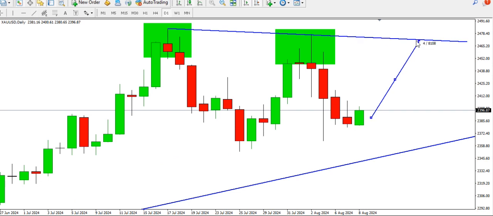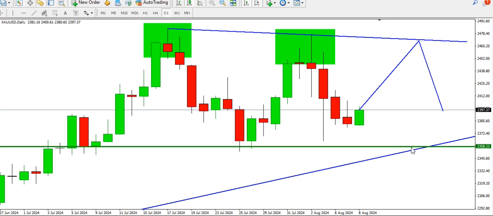So we might have another top like this before we see this, looking at this particular morning star candlestick pattern that is forming around here, and the support line, which is at 2358. That's the daily time frame. We might see price going back to the top.